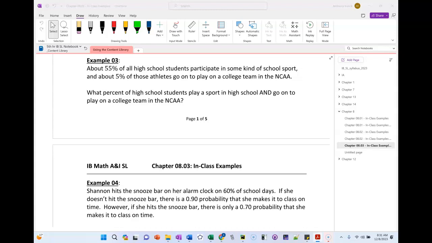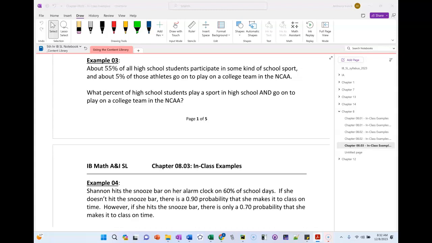So that's a multiplication rule. So that's going to be the probability of high school athlete times the probability of collegiate athlete given that they're a high school athlete. Everybody agree? That was our formula.